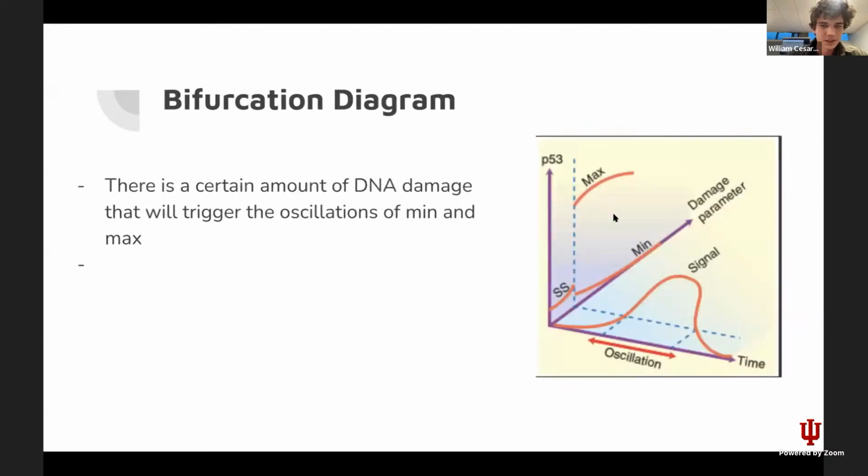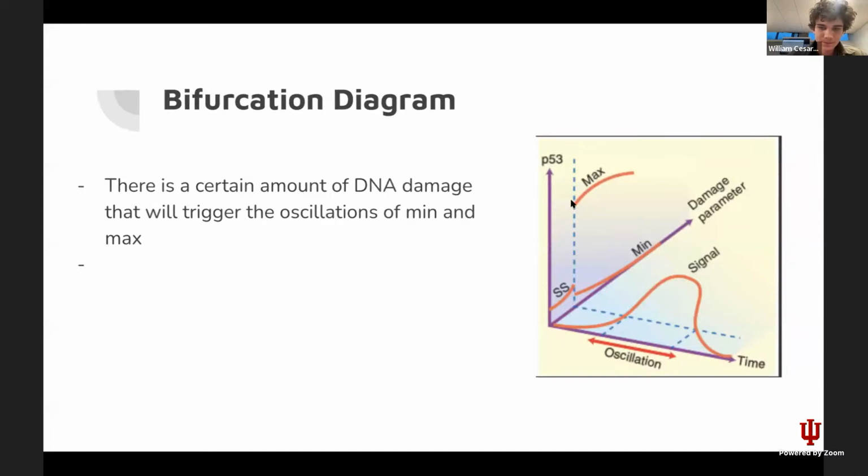And moving on. So I tried to plot the bifurcation diagram, and I think I can try harder. It was oddly hard with the model that I had. And so this is a bifurcation diagram from another paper that I picked up.